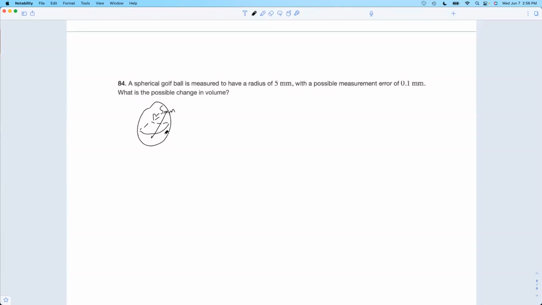So we could find the actual. We could say, well, if the radius was too high by 0.1 millimeters, I could find that volume. Or maybe it was small.